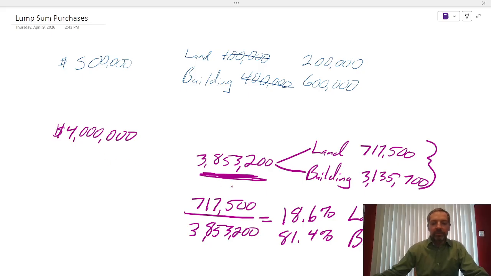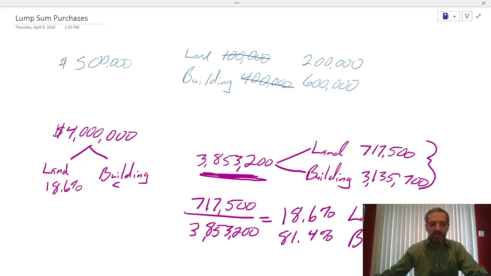So we can use these percentages to break up our actual purchase price into the land and the building. So if the land is 18.6% and the building is 81.4%, I will take the 18.6% and multiply it by $4 million.